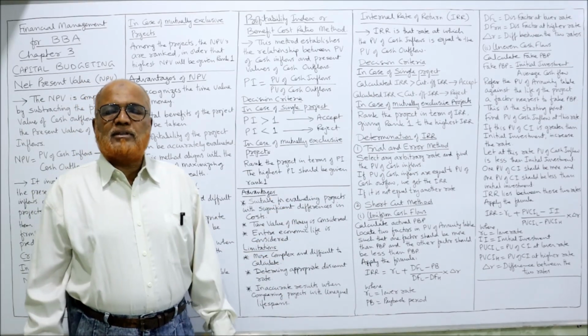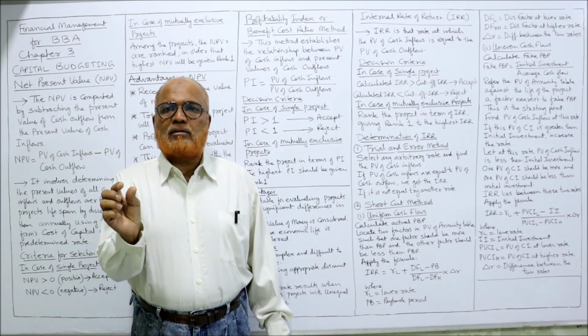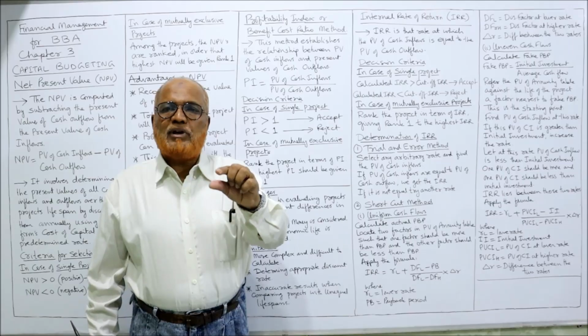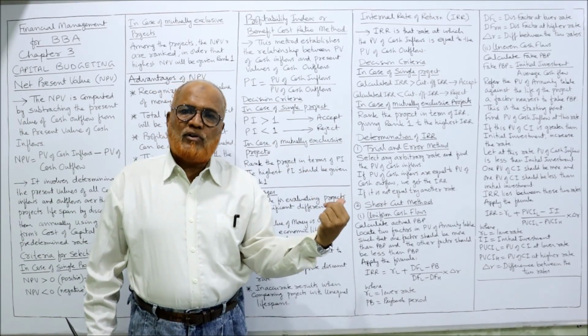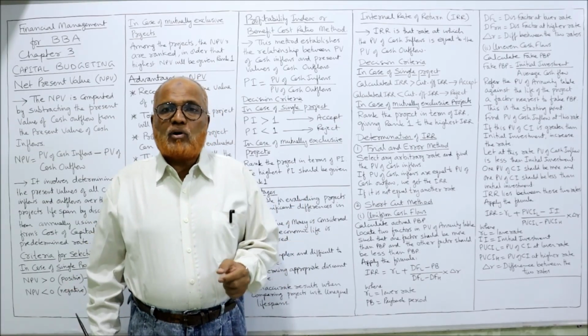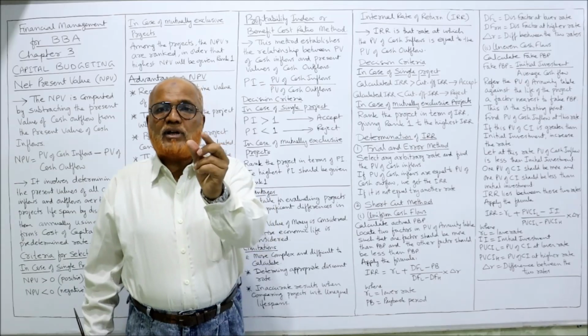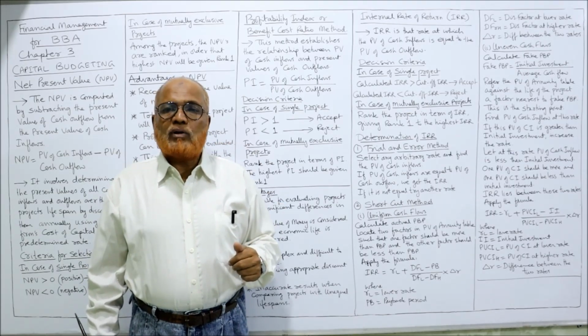In the trial and error method, we arbitrarily take a single discount rate, calculate the PV of cash inflow, and compare it with the PV of cash outflow. If both are equal, you are very lucky, because whatever rate you have taken is the IRR. But this will seldom happen.